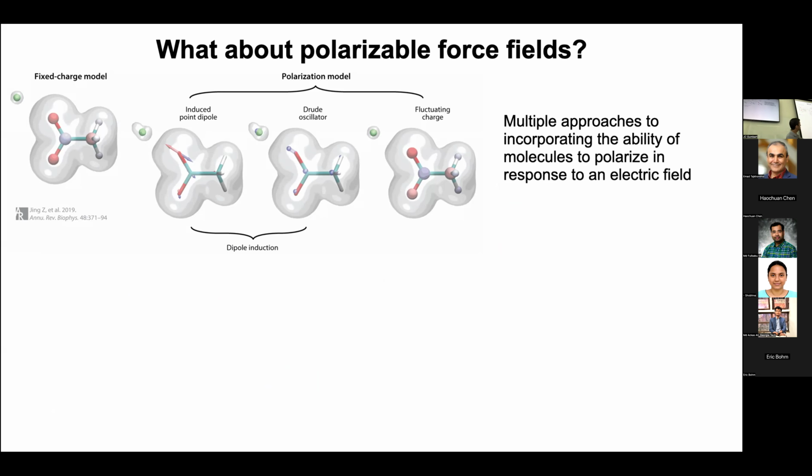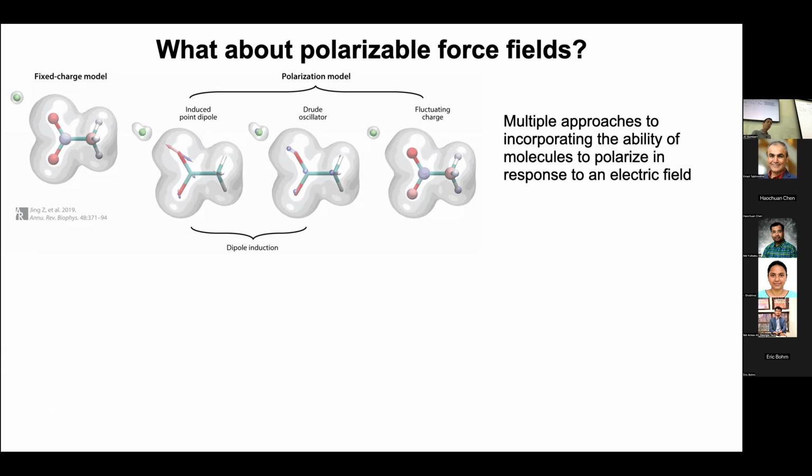And then there's a method called fluctuating charges, where you don't have any additional particles, but the partial charges themselves can change. These are all valid approaches, and different force fields may use different ones.